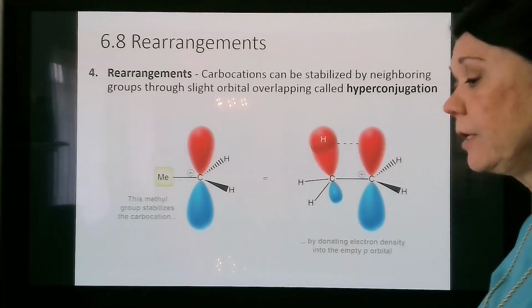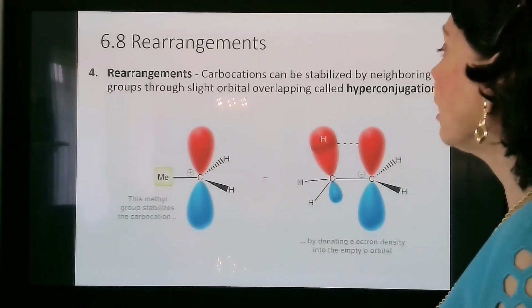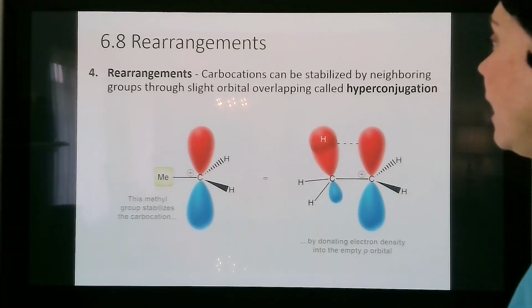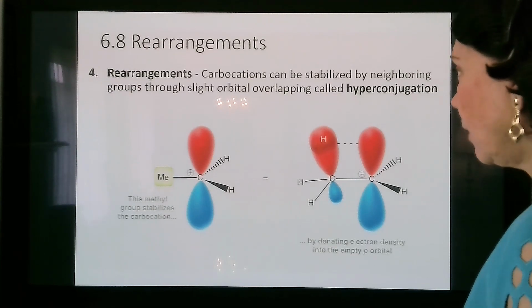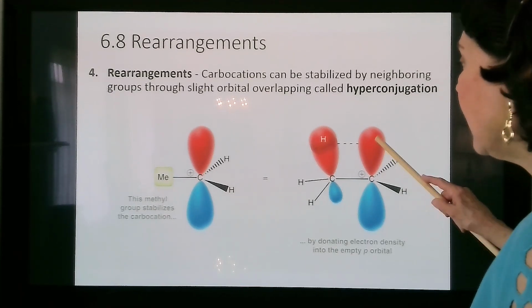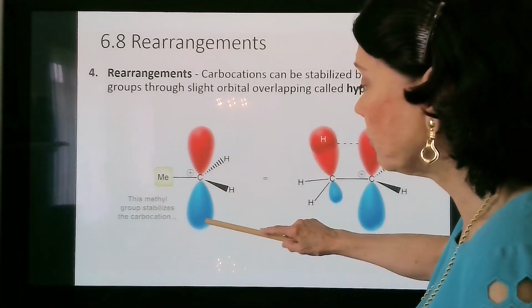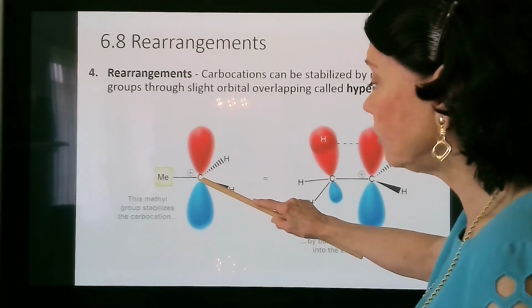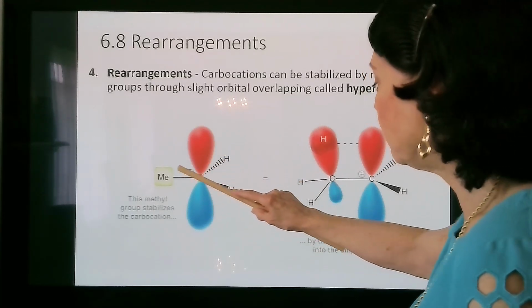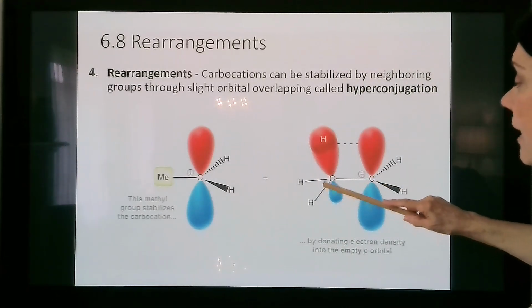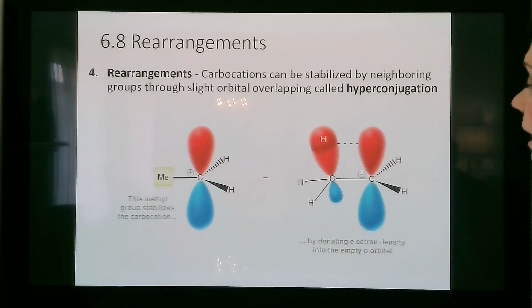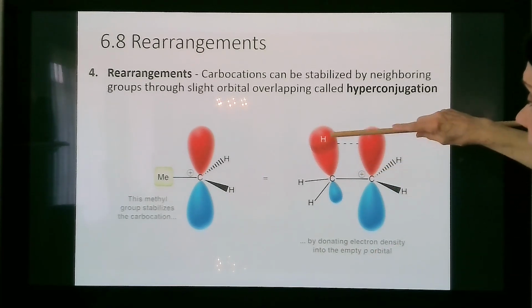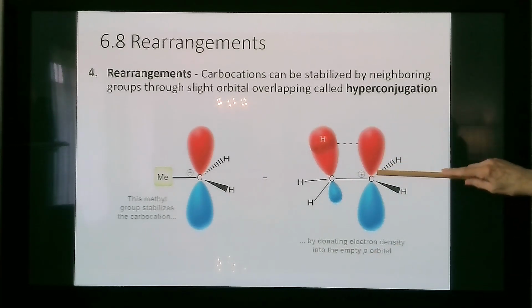Now, let's talk about rearrangements. Carbocations can be stabilized by neighboring groups by slight orbital overlapping called hyperconjugation. And so here you have this, remember this is empty. When you have a positive charge, this is empty, that's empty. And you can have the CH3, remember it's rotating like a propeller, and it can line up so that one CH bond is more or less parallel to the empty p orbital.